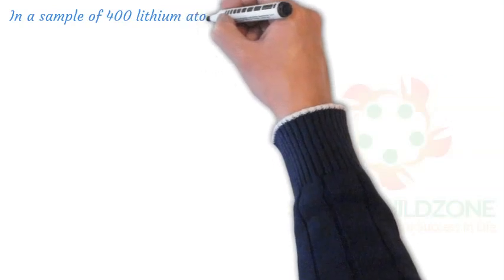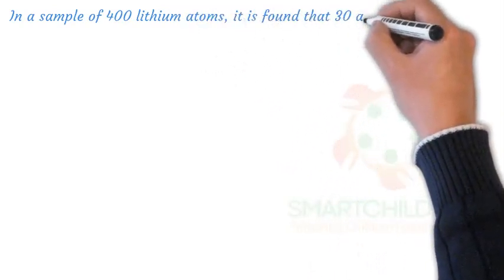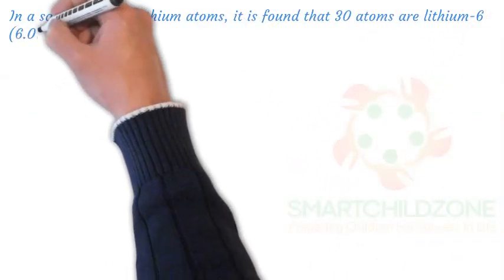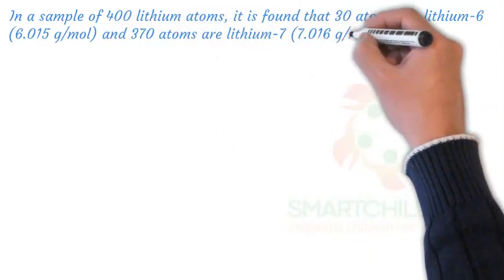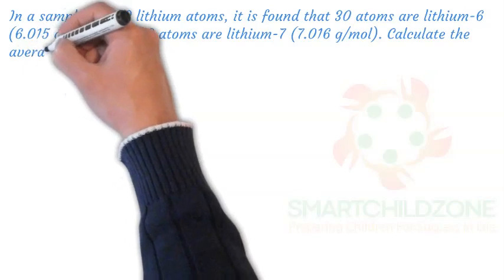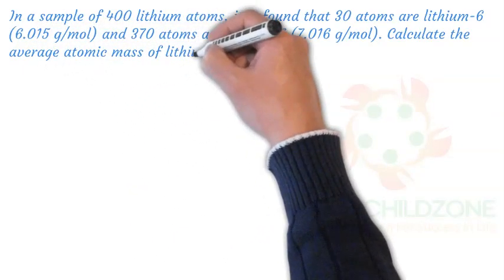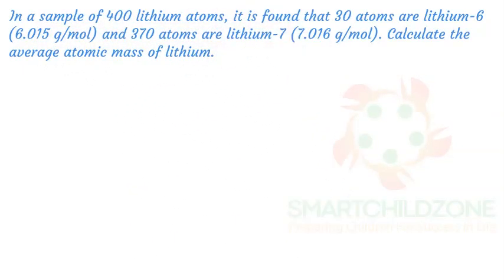In a sample of 400 lithium atoms, it is found that 30 atoms are lithium-6, 6.015 gram per mole, and 370 atoms are lithium-7, 7.016 gram per mole. Calculate the average atomic mass of lithium.